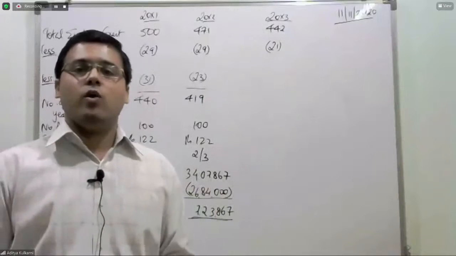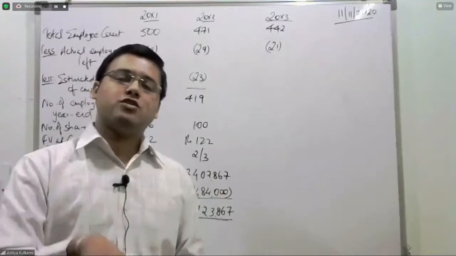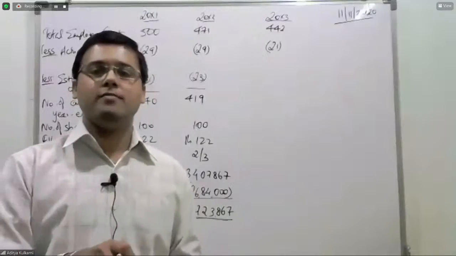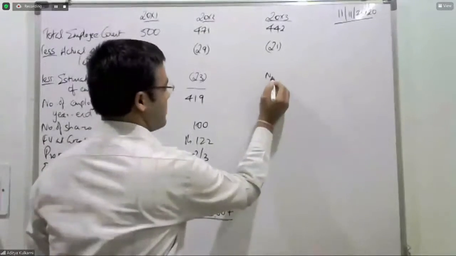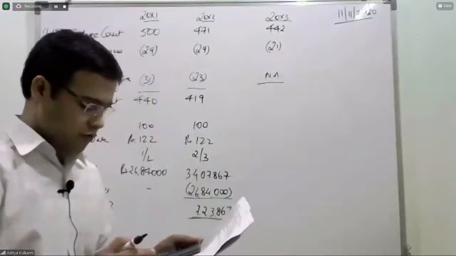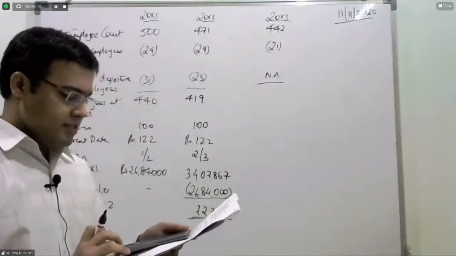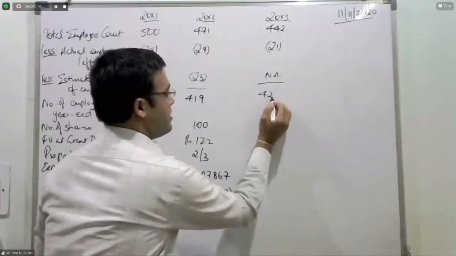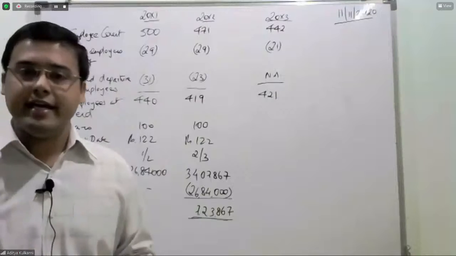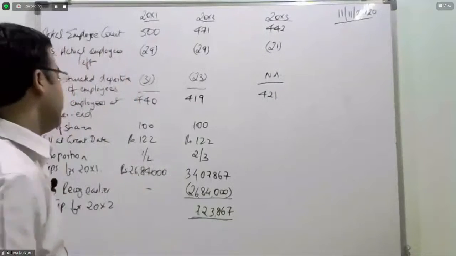You do not need it. Why? Because now the options have actually vested. You got the information, you met the target, the options have vested. So this is not required. So 442 minus 21 leaves you with 421 employees in whom the options have actually vested.